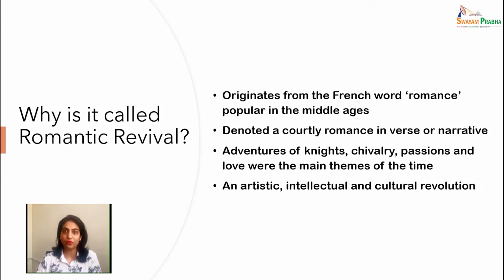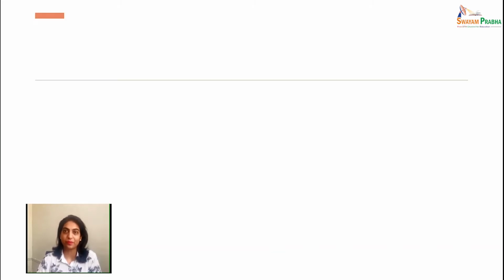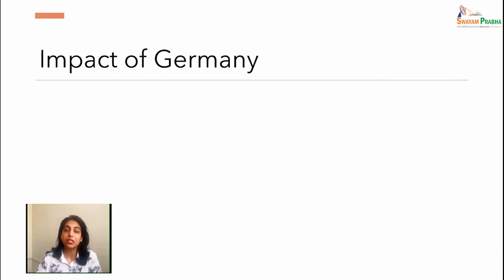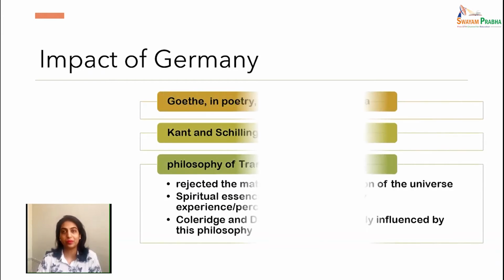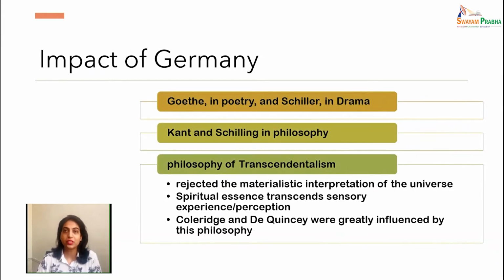Another interesting fact was that the British Romantic ideals also had a deep impact on Germany. German writers like Goethe in poetry and Schiller in drama had been excelling in the time, and philosophers like Kant and Schelling had introduced the philosophy of transcendentalism to the world.